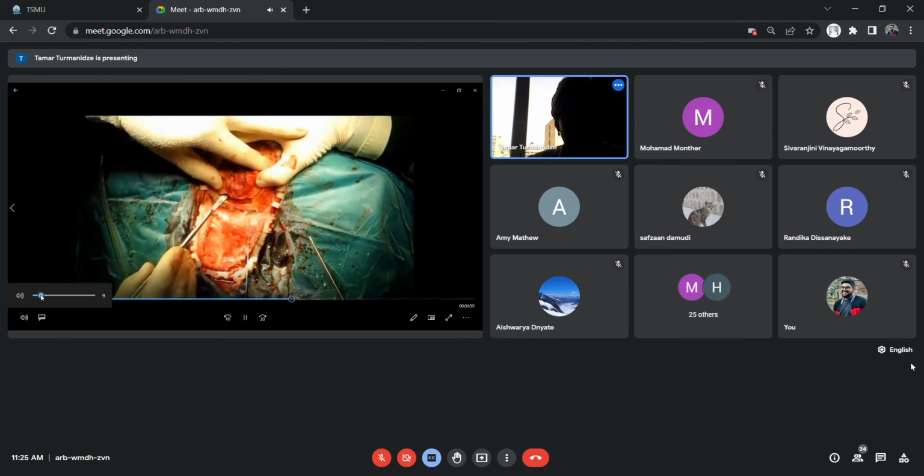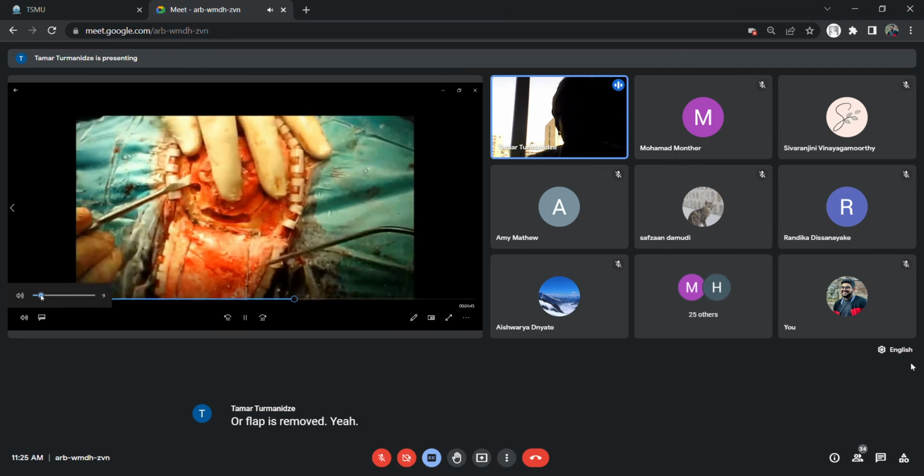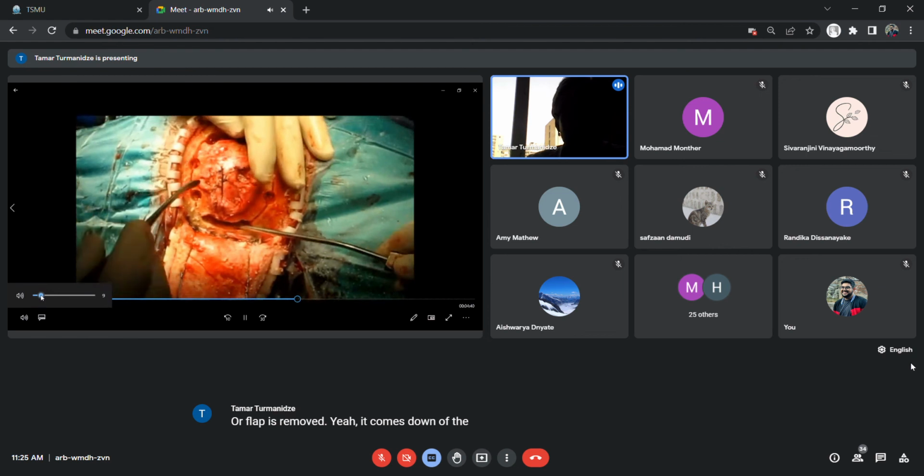And the bone flap is removed. Ectomy of the bone is done.